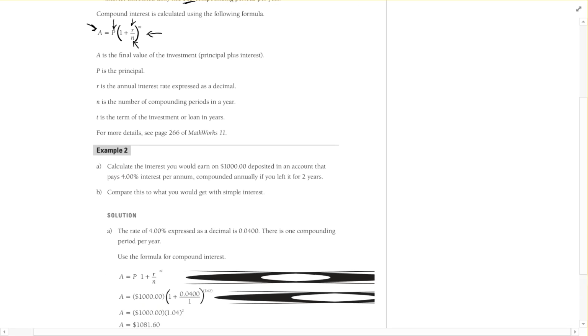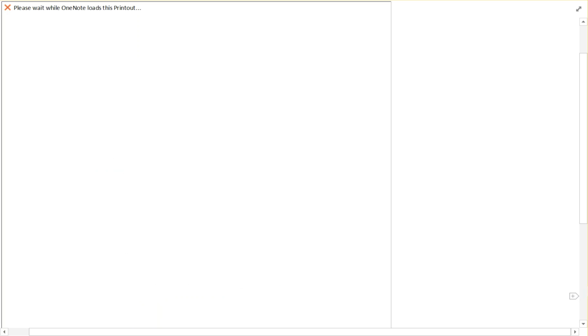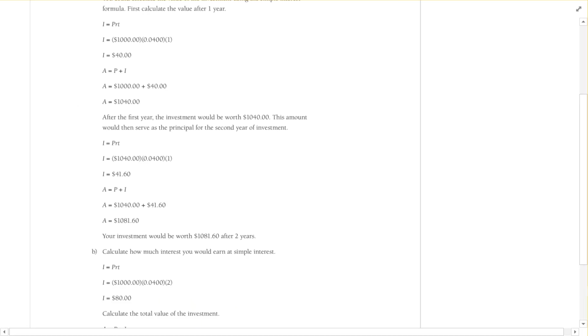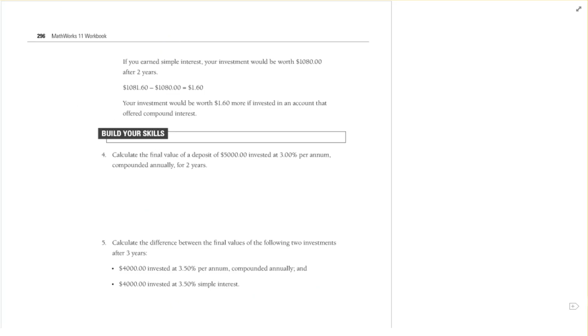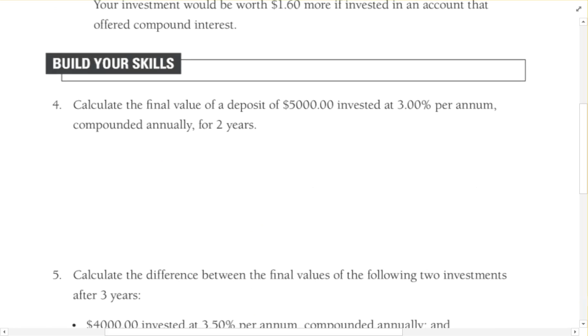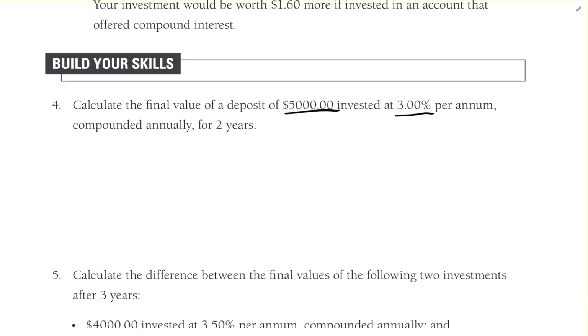Okay, so I'm going to skip through the example ones and just get right into the practice problems. Number 4 says calculate the final value of a deposit of $5,000 invested at 3% per annum, compounded annually for 2 years.